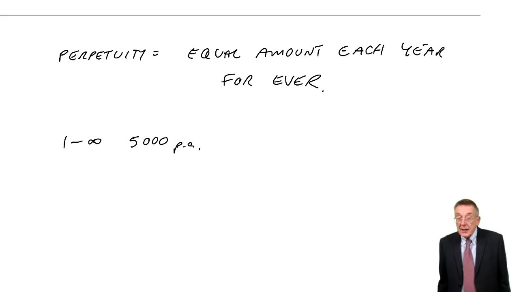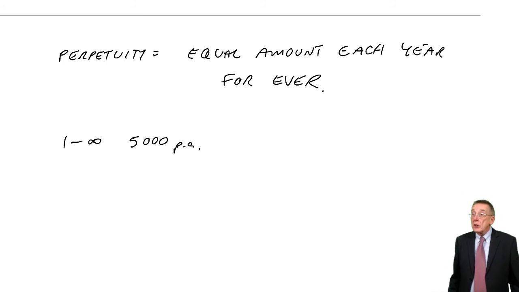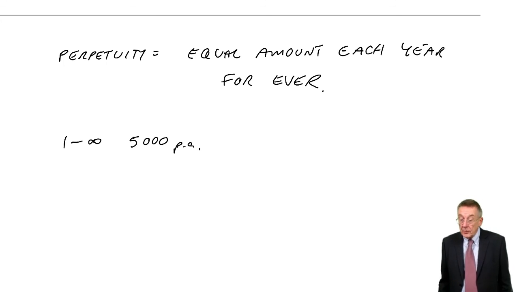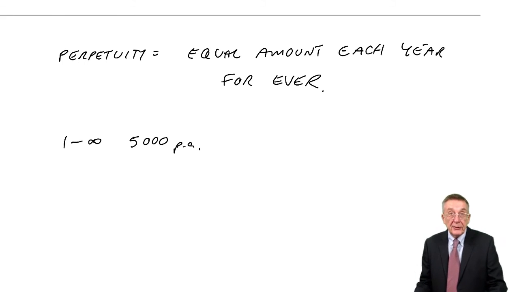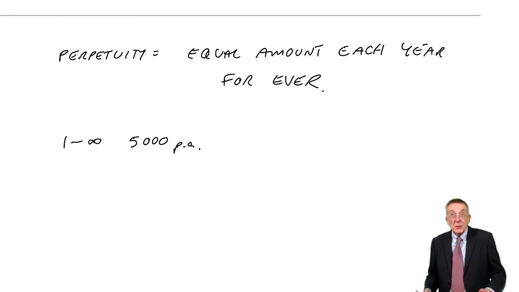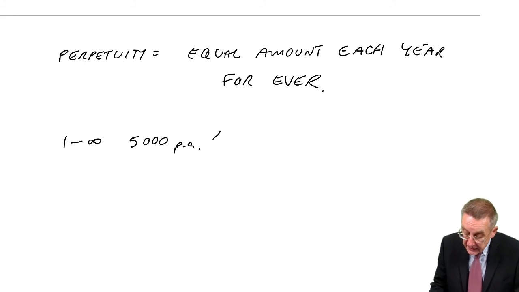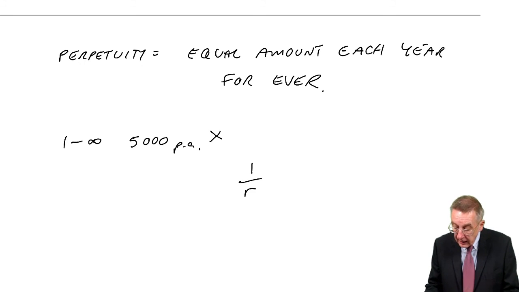To discount it, there is a formula which you're going to have to learn, but it's a very easy formula. And I'll explain afterwards why it's what it is. The discount factor is 1 over R, where R is the rate of interest.